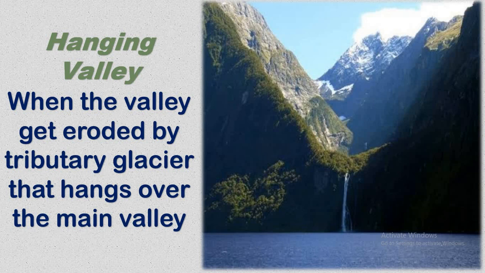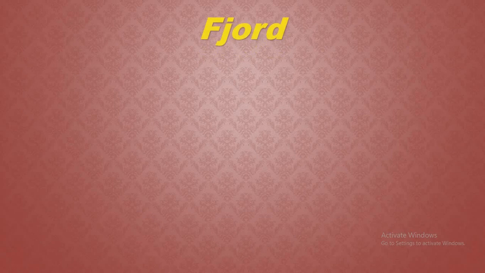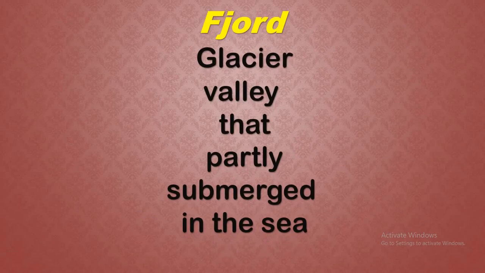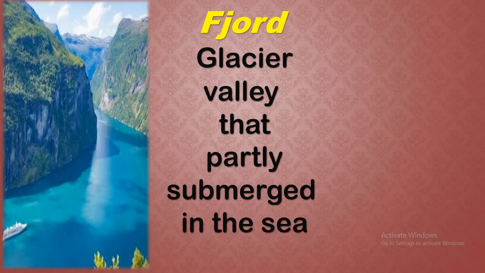It hangs. Fjord. What is a fjord? The glacier valley. When the ice melts, it becomes glacier and spreads over. It's called a glacier valley that is partly submerged in the sea. Look into the picture. It has just spread over as a glacier valley.